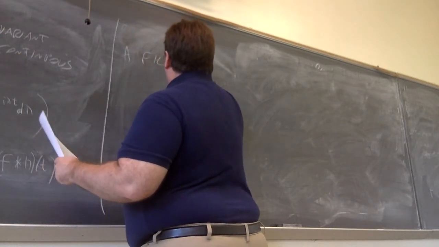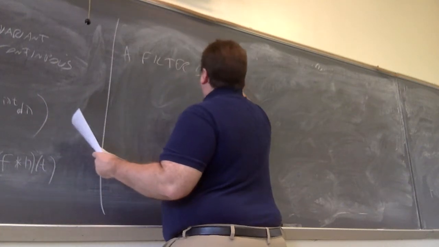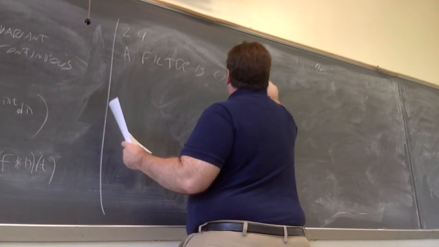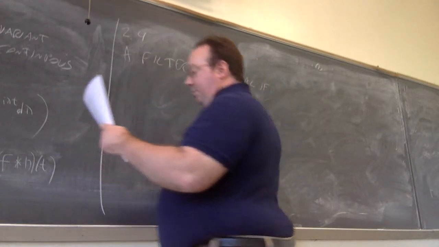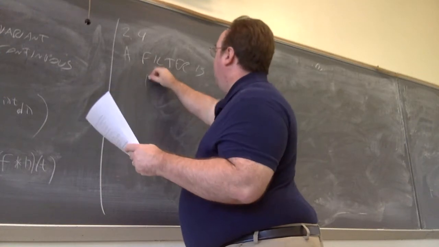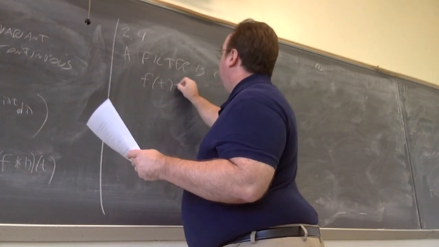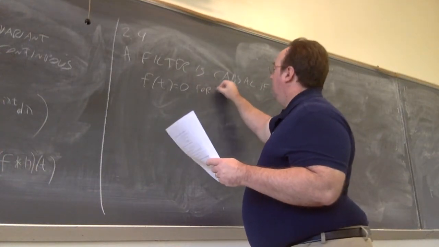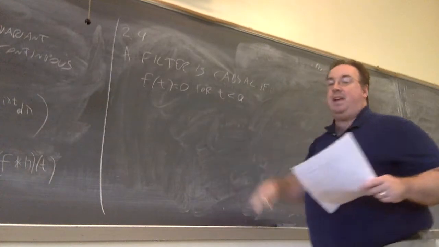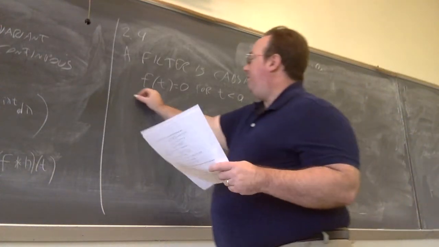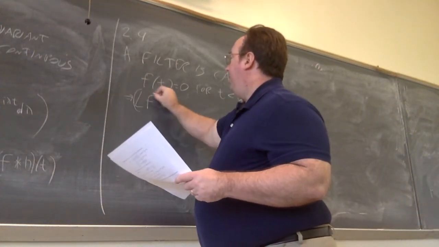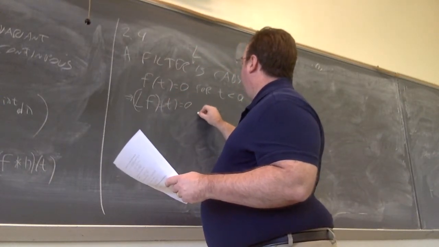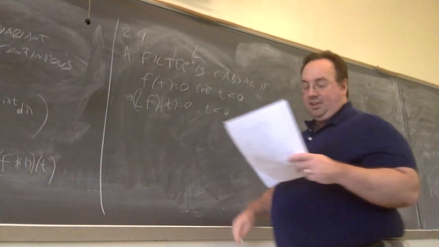Now I'm getting into section 2.4. A filter is causal if the following is true: if f of t is equal to 0 for t less than a certain time a, then LF, the filtered signal L of f at t, is also equal to 0 when t is less than a.